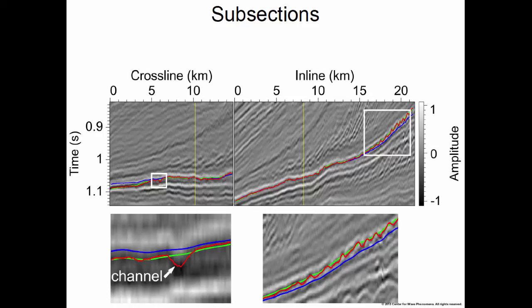And the red curve here, the surface we extract with refinement, exactly aligns with the amplitude troughs. And therefore, it reveals more geologic detail. For example, the structure of a subtle channel here can only be resolved by the red curve shown here.